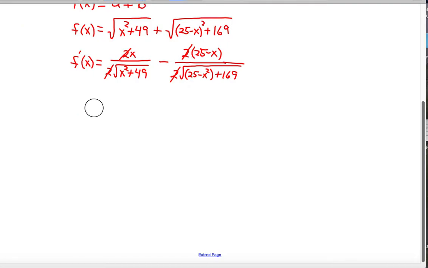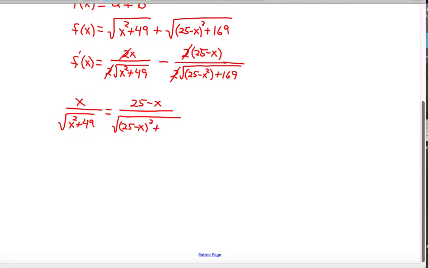So let's see, I can set it equal to 0, and therefore I can swing one to the other side. So basically we're trying to find when x over the square root of x squared plus 49 is equal to 25 minus x over the square root of 25 minus x quantity squared plus 169.